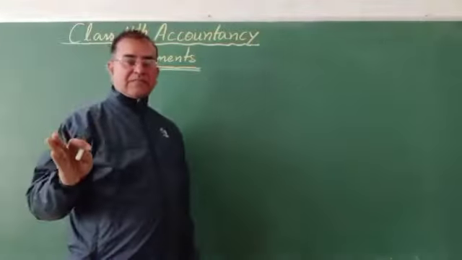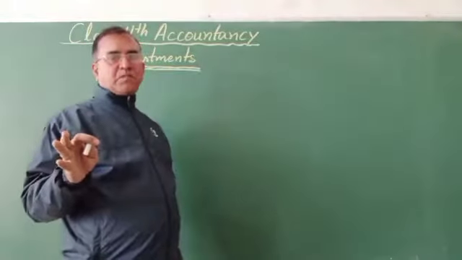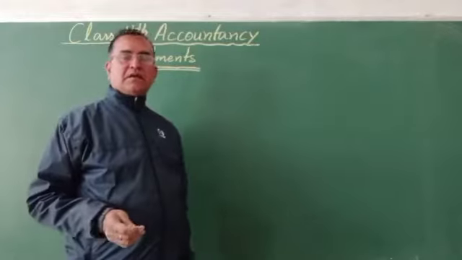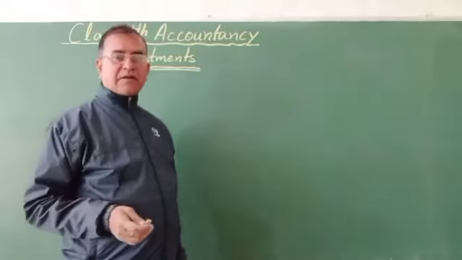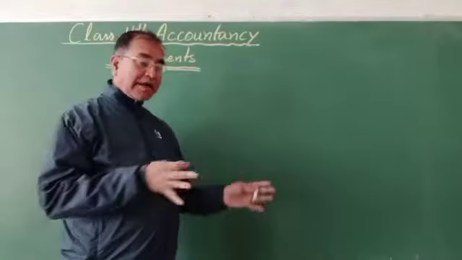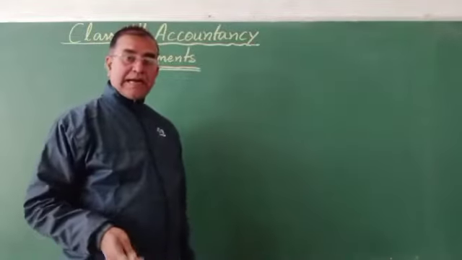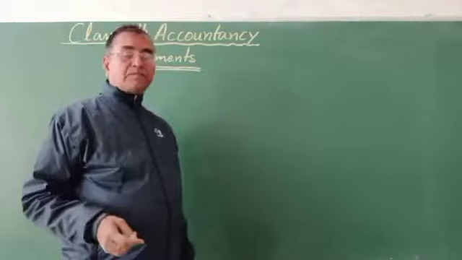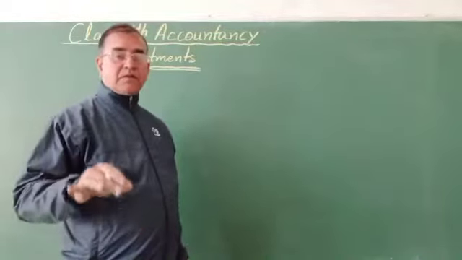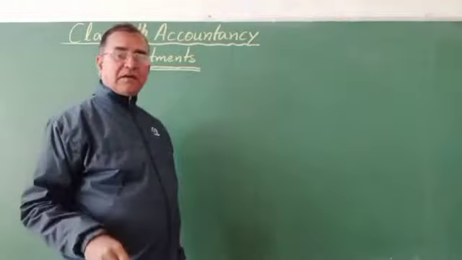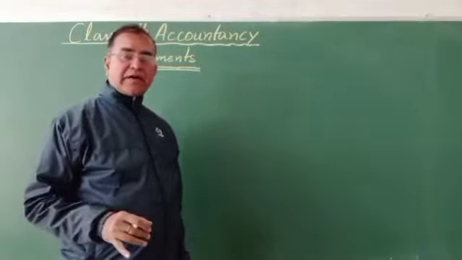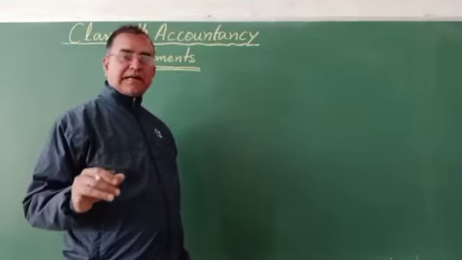The meaning of adjustment, you know it very well. Whatever transactions are omitted to be recorded in the books of account, or wrong posting, wrong amount, or only one aspect, just debit and credit, such omitted to be recorded in the books of account, that is called adjustment.